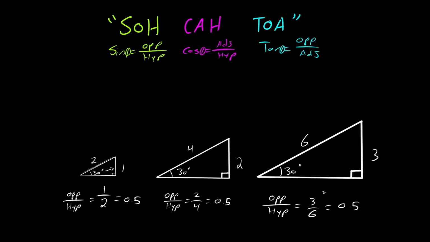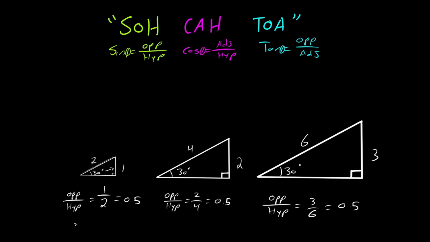So I think you might see a pattern here: the ratio of the opposite side to the hypotenuse is always 0.5 if you have an angle of 30 degrees. So there's one way we can write opposite over the hypotenuse, and that's just using the sine.